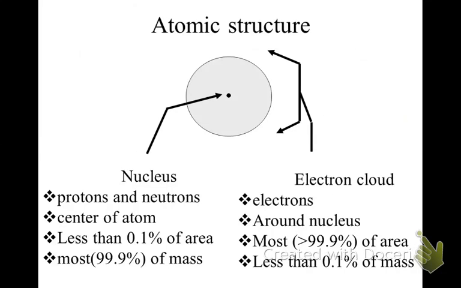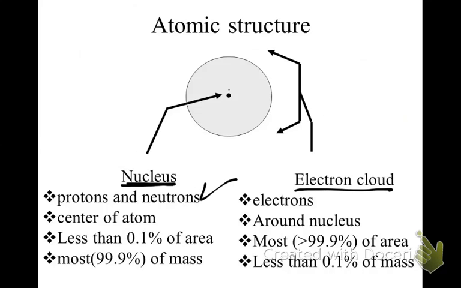Okay, now through lots of experiments that I don't have time to get into, we find that the atom has its protons and neutrons stuck in a little tiny point in the middle, and we're going to call that the nucleus. You need to know what the nucleus is when we're in an atom. It's a point in the middle, contains all the protons and neutrons. The electron cloud is a part surrounding the nucleus, and it contains all the electrons.